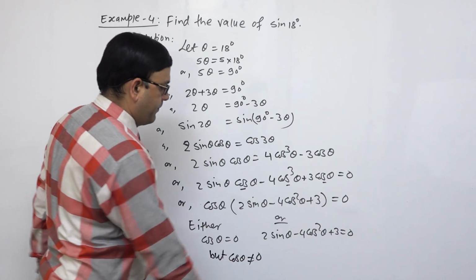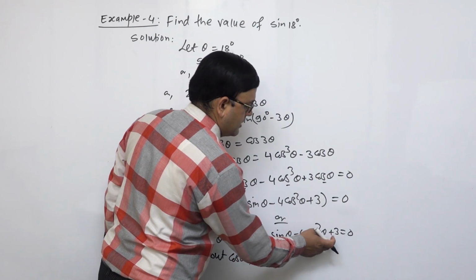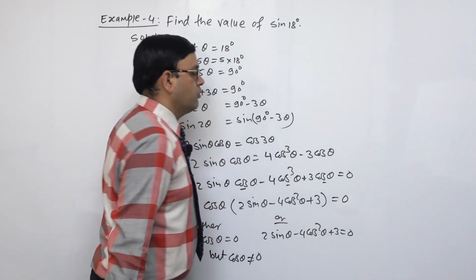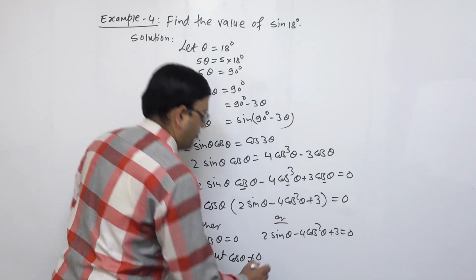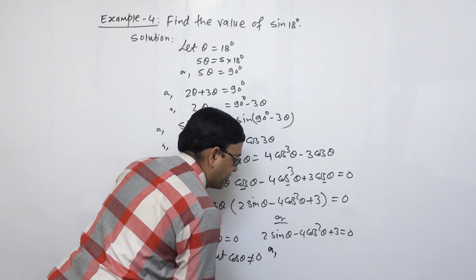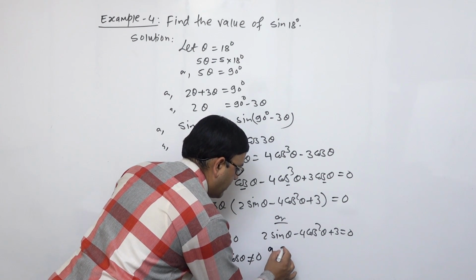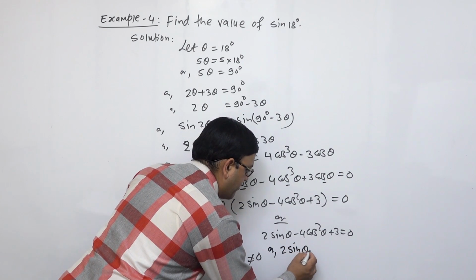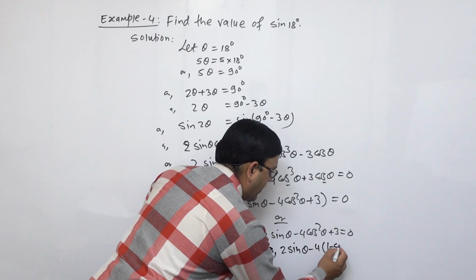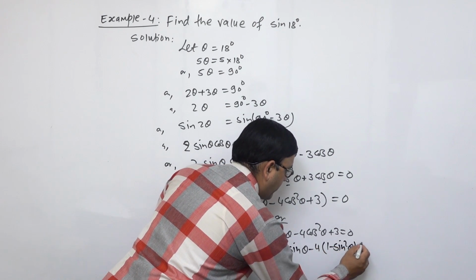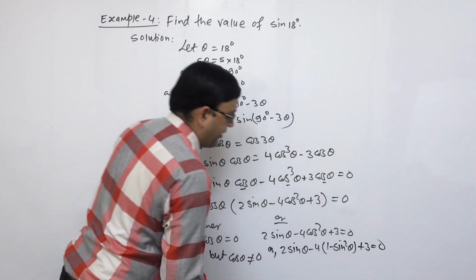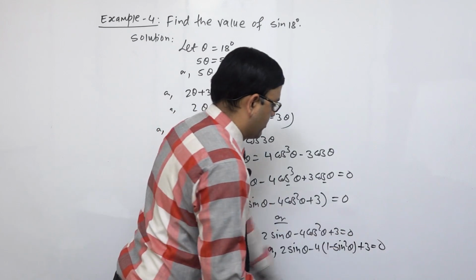Then 2 sin theta minus 4 cos square theta plus 3 must be equal to 0. So we can write 2 sin theta minus 4 times (1 minus sin square theta) plus 3 is equal to 0. We have to convert everything into sin.